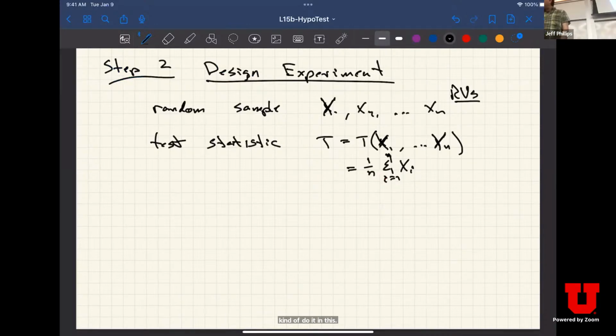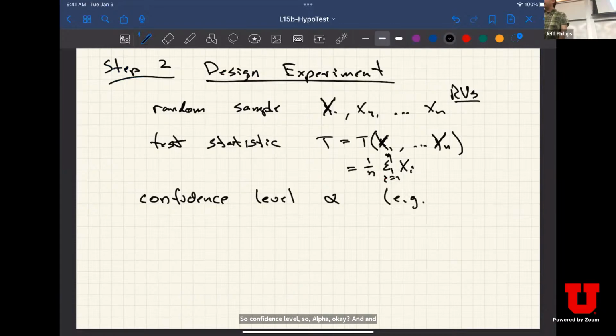So I'm going to pick a confidence level, alpha, and a common alpha would be 0.05. This would lead to a 95% confidence, or 1 minus alpha, the confidence level. A 95% confidence is a typical value you would consider.